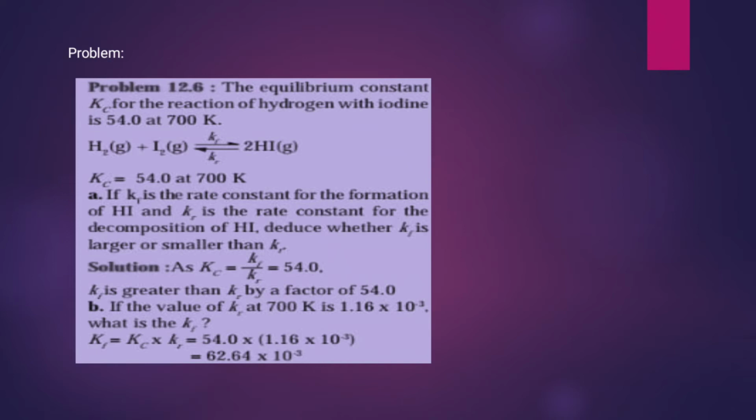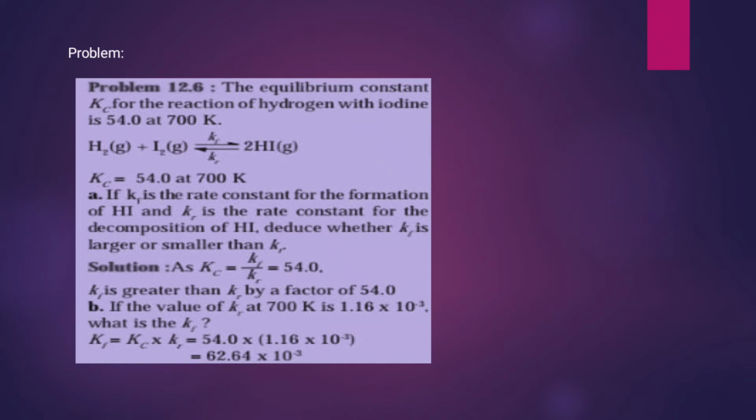Students, here the stoichiometric coefficient of hydrogen is 1, for iodine it is 1, and for HI it is 2. Therefore, when we calculate delta n, that is np minus nr, it will be equal to 0.